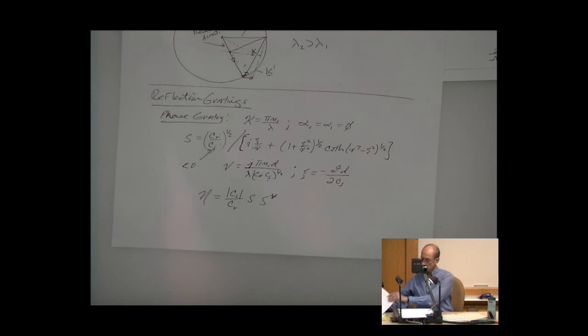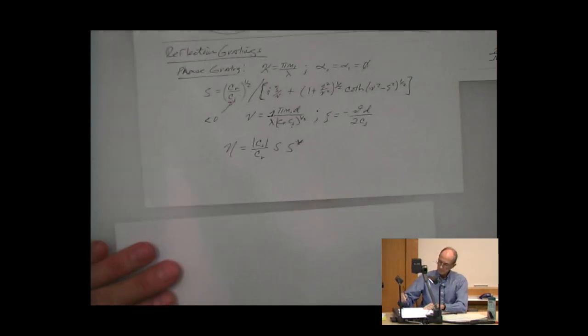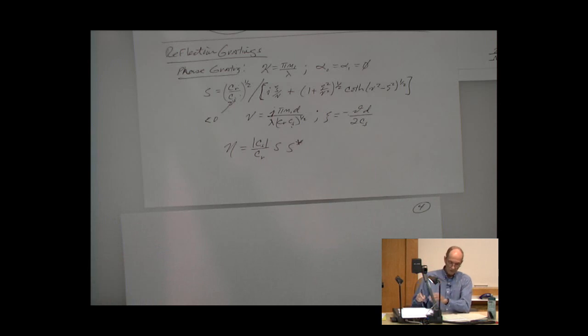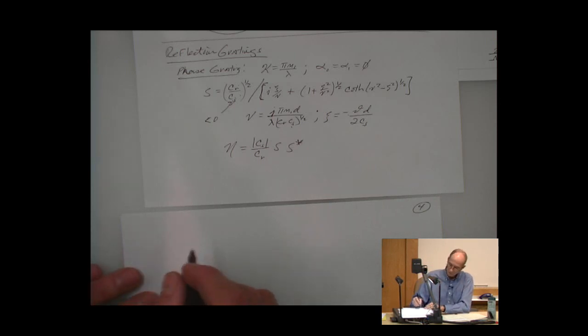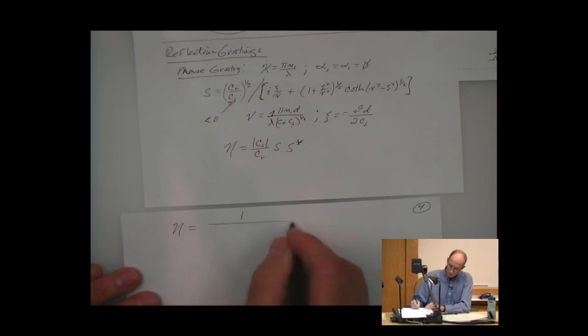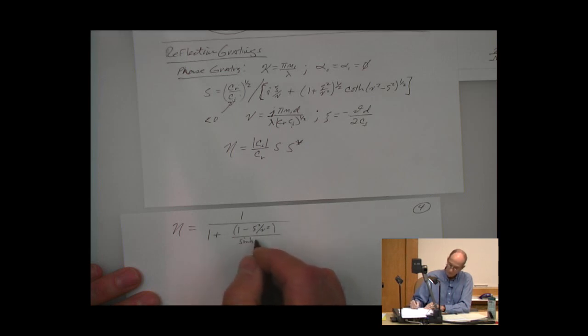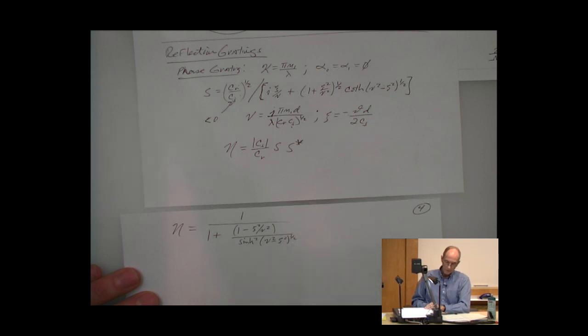What we have then is the following. All right, so we end up with eta is equal to 1 over 1 plus (1 minus psi squared over nu squared) divided by the hyperbolic sinh squared of (nu squared minus psi squared) to the 1/2.